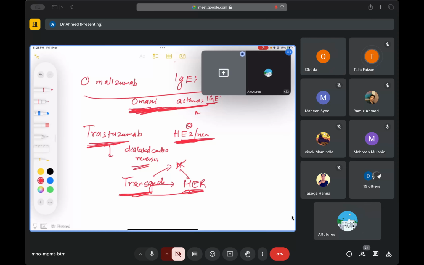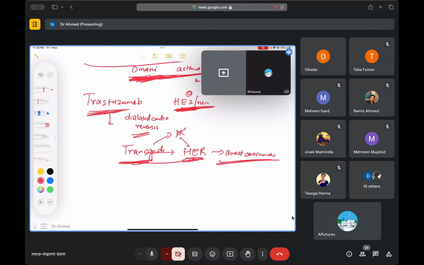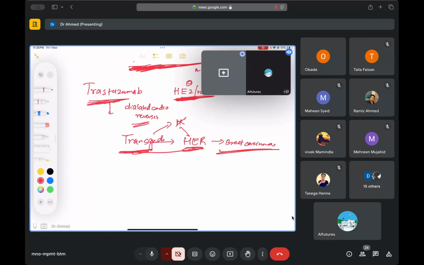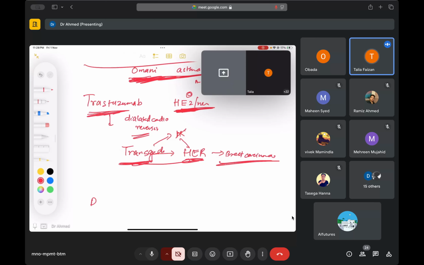Okay, and her drugs are basically used in breast carcinoma. What's the function of this drug, trastuzumab?